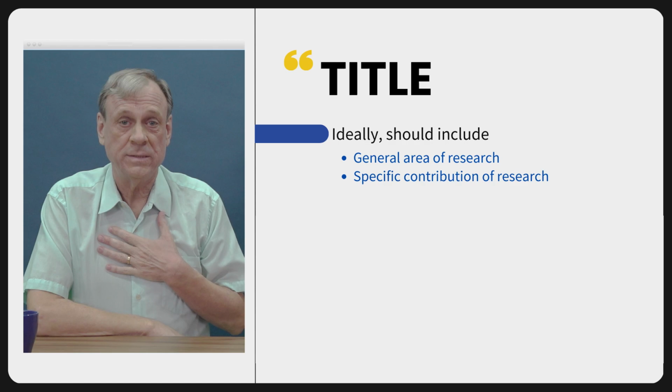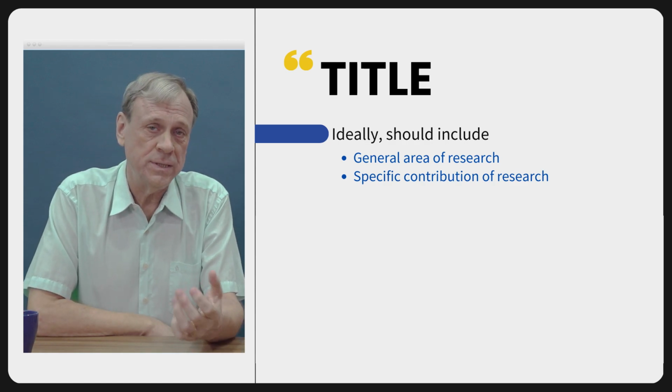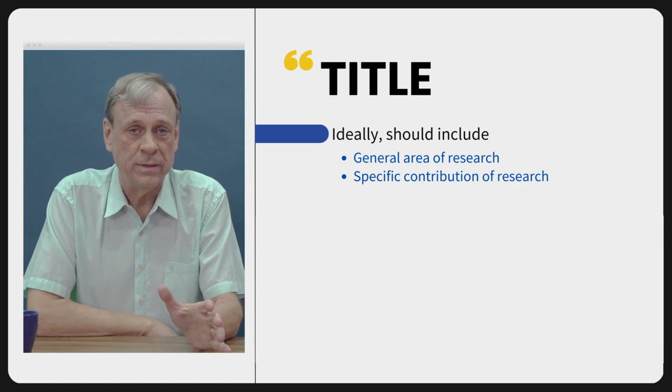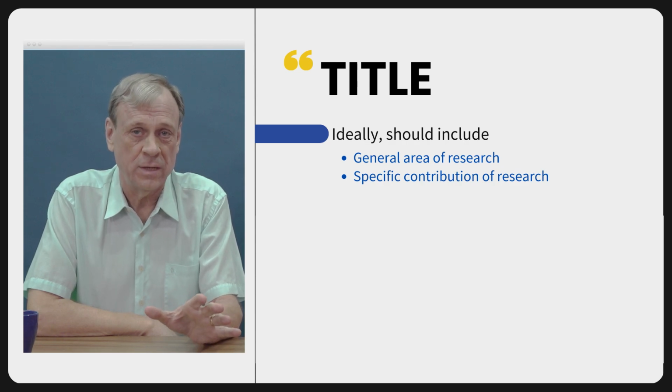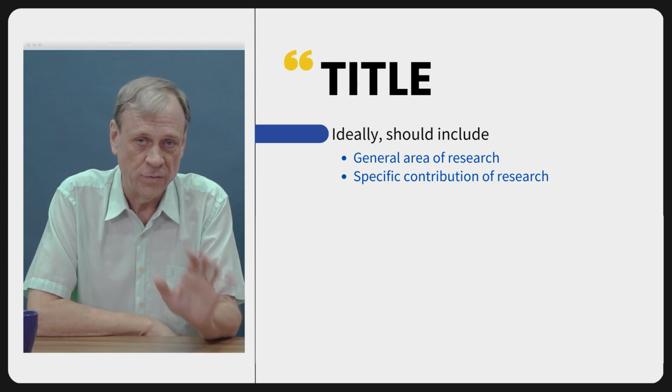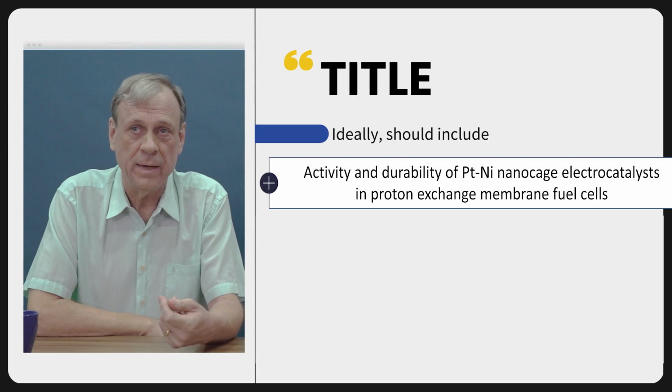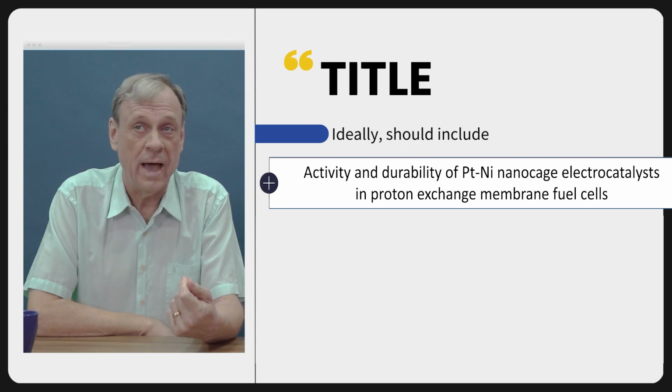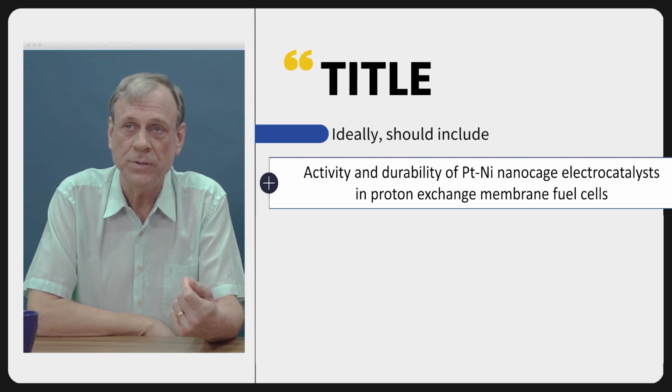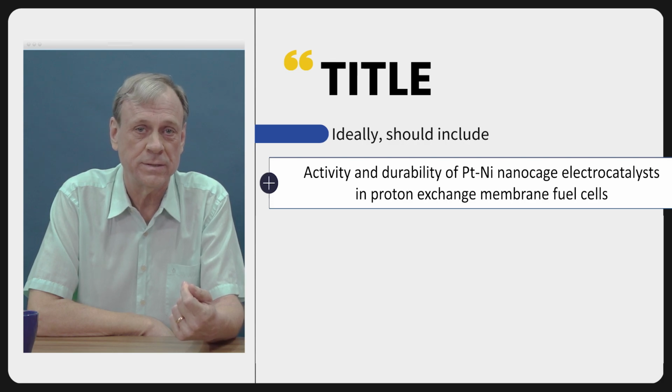Ideally, a title, at least in engineering, should contain the general area of research and the specific contribution of the research. For example, there's an article in Chemical Engineering that says the activity and durability of platinum nickel nanocage electrocatalysts in proton exchange membrane fuel cells.